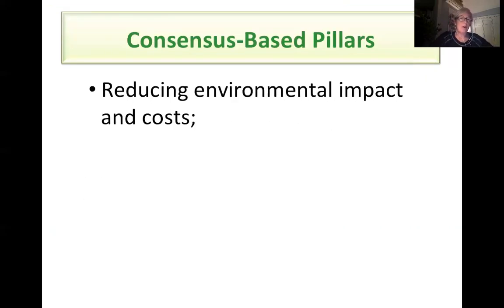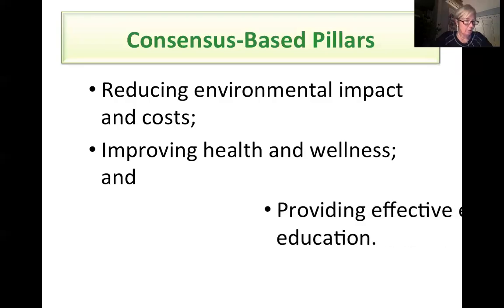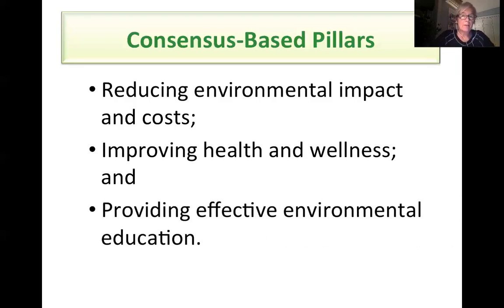As we had talked about before and as identified in our mind map, it has 3 pillars: reducing environmental impact and costs, not unlike SEED, LEED, everybody else. It also looks at improving health and wellness like everybody else. And then the additional component that nobody else has, except maybe the Living Building one, and we'll get into that in a little bit, is providing effective environmental education.